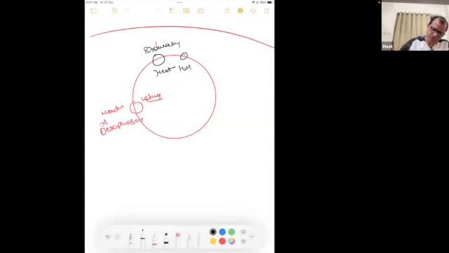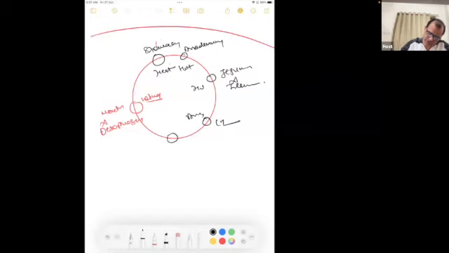Then hotness will be the duodenum. Then humidity will be the jejunum and ileum. The dryness will be the large intestine, and the coldness will be the rectum. Right?